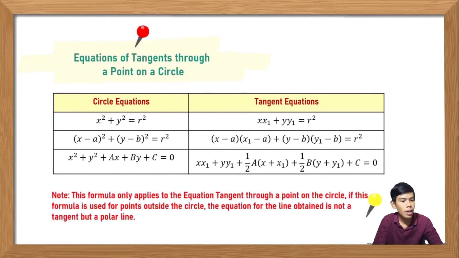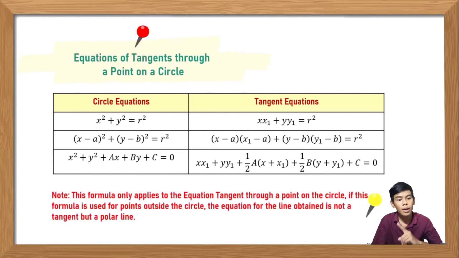And the last one, if the circle equation is x squared plus y squared plus ax plus by plus c equals 0, the tangent equation is x times x sub 1 plus y times y sub 1 plus a half a times (x plus x sub 1) plus a half b times (y plus y sub 1) plus c equals 0.